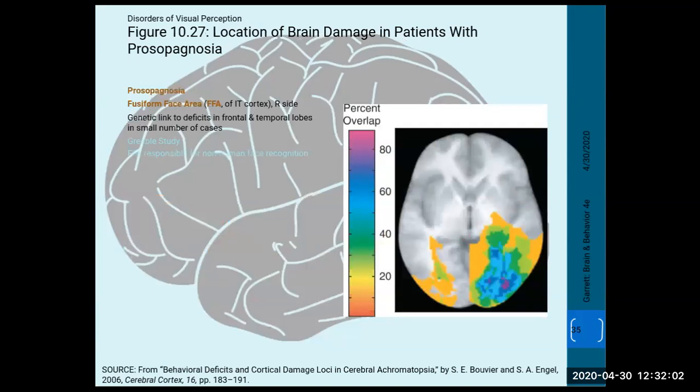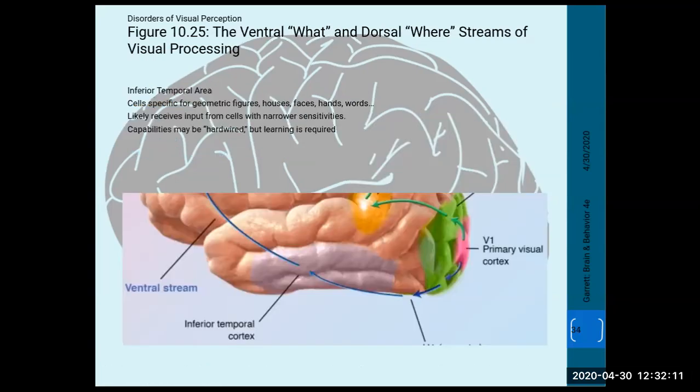Specifically for faces, there's an area called the fusiform face area of the inferior temporal cortex. So if I go back really quick, again, down here at the bottom, I'm going to move my cursor over this area, the inferior temporal cortex. There is an area specifically called the fusiform face area.